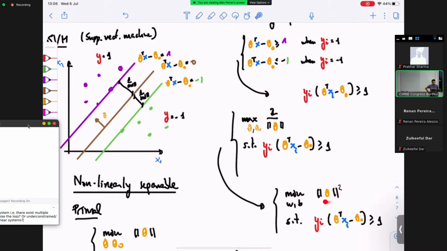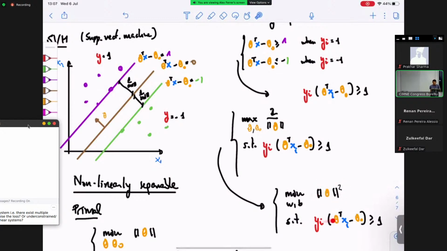Does it remind you of something, theta squared? Or have we seen theta squared? Theta squared, L2 regularization. Exactly. Okay. So it comes here also again.